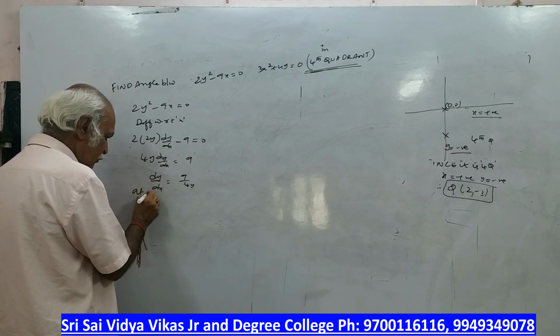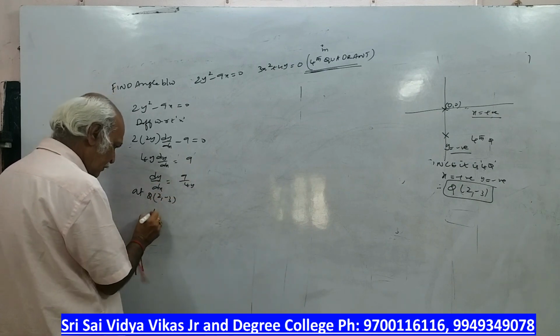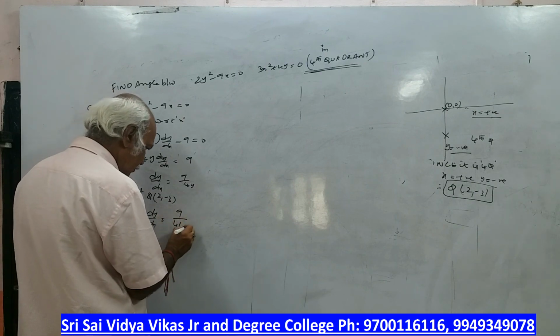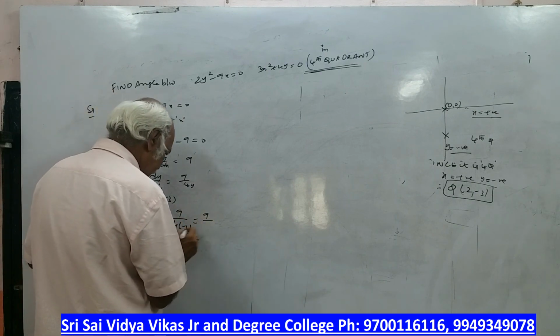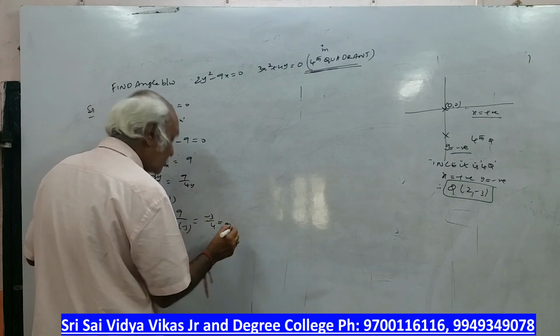At Q point, I have told you Q point is 2 comma minus 3. So dy by dx is equal to 9 by 4 into minus 3. This will get cancelled, minus 3 by 4, M1.